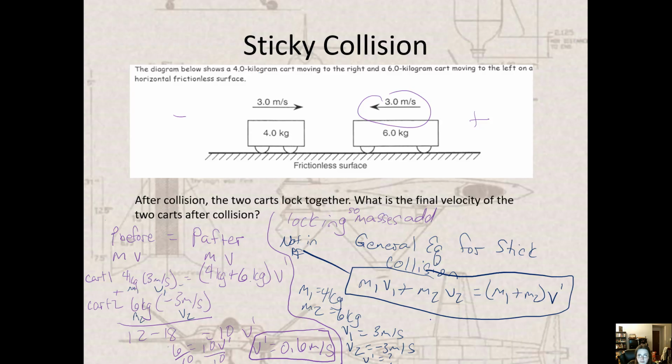And you can plug it in. So it's 4 times 3 plus 6 times minus 3, and that's equal to 4 plus 6 times V prime. So then it's 12 minus 18 is equal to 10 V prime. And you again get V prime is equal to 0.6 meters per second.